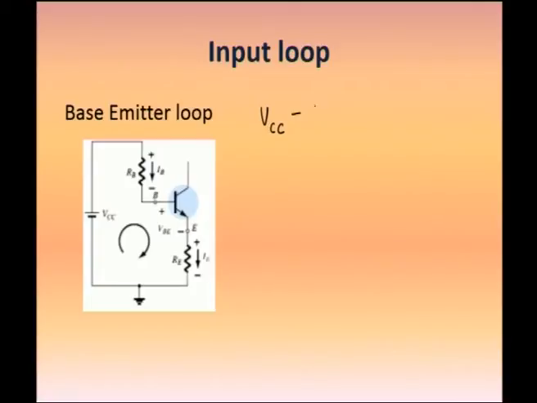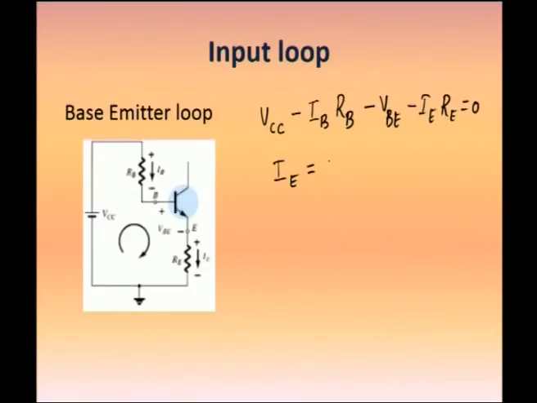VCC minus IB RB, where IB is the current flowing through the resistance RB, minus VBE, that is the voltage across the base emitter terminal, minus IE RE equal to 0, by using Kirchhoff's voltage law. From the relationship between alpha and beta, and from the KCL, IE is equal to IC plus IB, and the collector current is due to the majority carrier flow and the minority carrier flow.